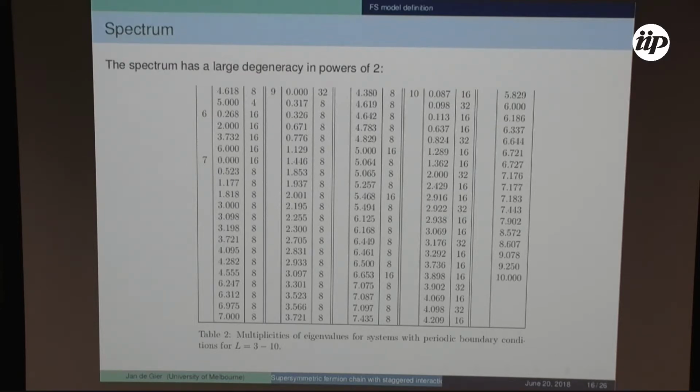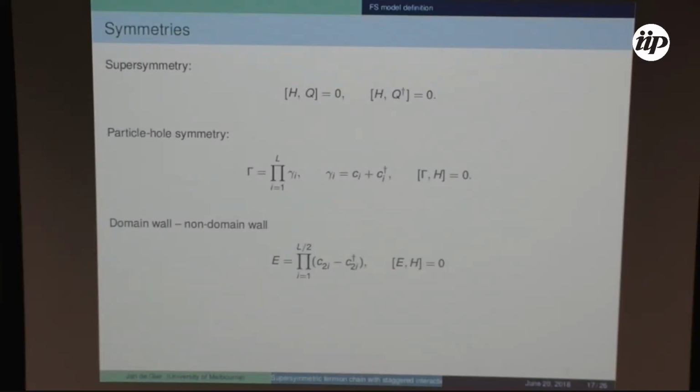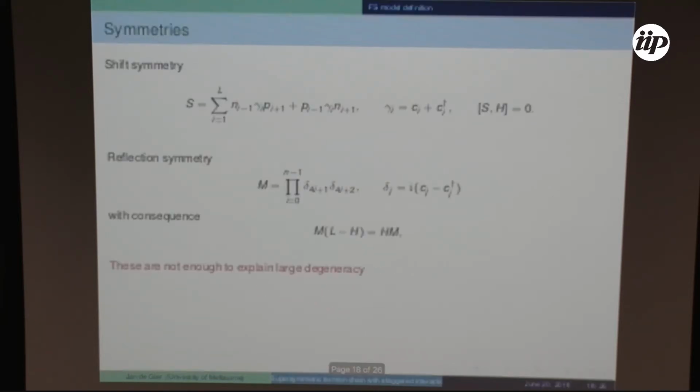So one question was, how can you explain this large degeneracy? We started looking at symmetries. Well, there is the supersymmetry, of course, that commutes with the Hamiltonian. We have explicitly a particle-hole symmetry by construction, and that is implemented by this product of Majorana fermions. You can show that this commutes with the Hamiltonian. There's also a domain wall, non-domain wall symmetry, and that's a different operator, this operator here. And then there is a shift symmetry.